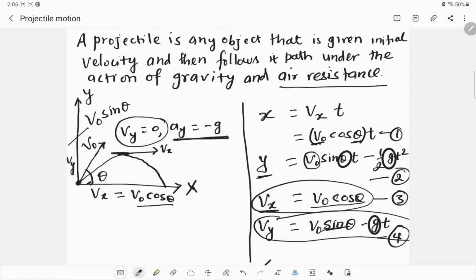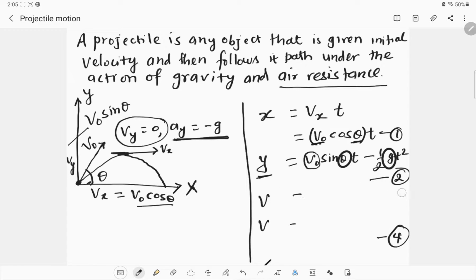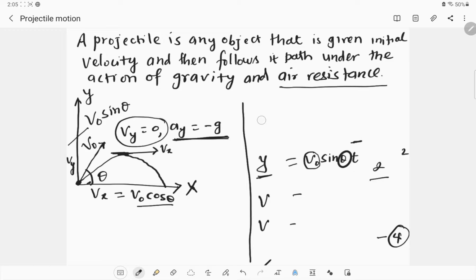Not only the initial velocity and angle, it also depends on the acceleration due to gravity. So these 4 equations are very important. After deriving them, let us do something important related to projectile motion.